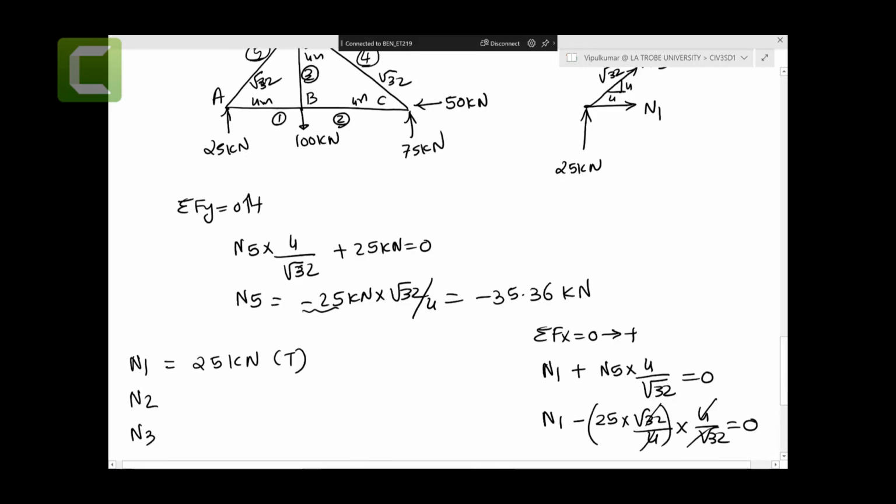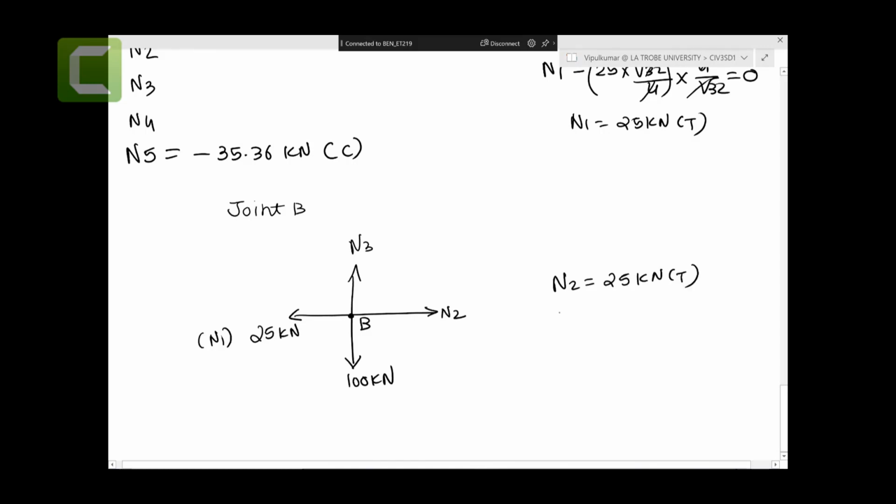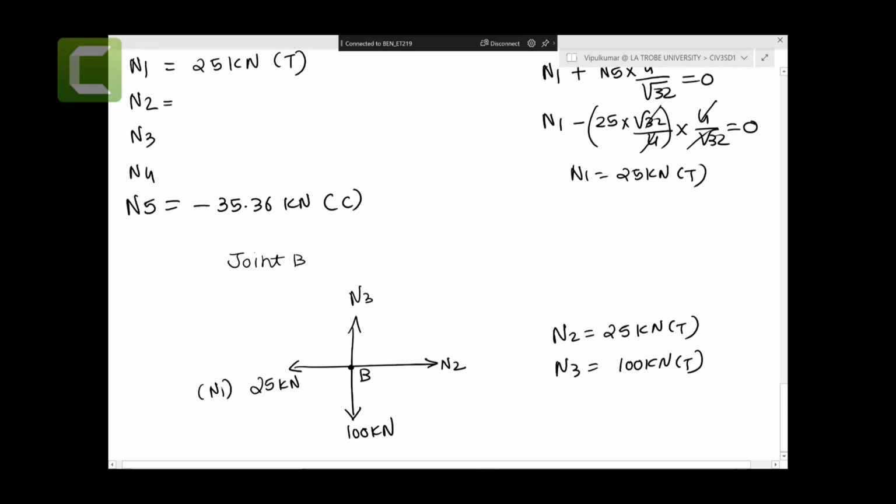This one is N3 and N2. By looking at the figures, sum of the forces in the x direction, N2 is 25 kilonewton tension, N3 is 100 kilonewton tension. So let's put this in: N2 25 kilonewton tension, N3 100 kilonewton tension.